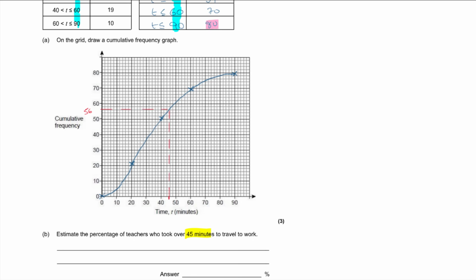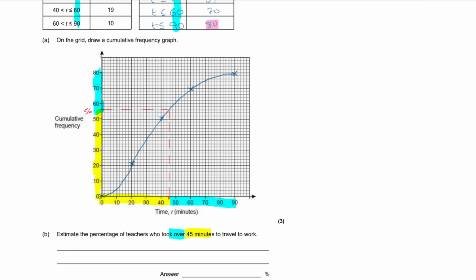Okay. Now, remember what I was saying earlier. What this graph is telling you is that below 45 there are 56. All these 56 people have got a time of 45 or less. Now we want people who took over 45 minutes. So over 45 minutes is this side of the line, and on the cumulative frequency it's going to be these people up here.